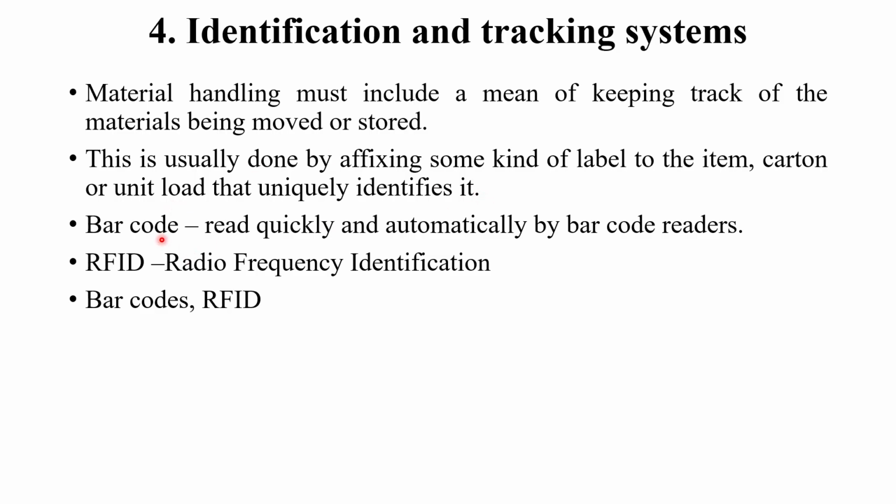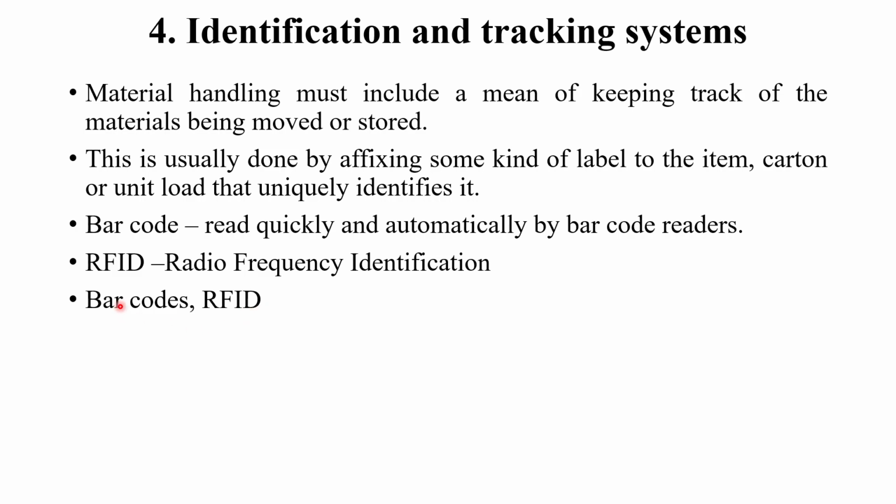There are different ways of identifying and tracking. One form is a barcode, which is read quickly and automatically by a barcode reader. Another one is RFID, which uses radio frequency identification. Sometimes it may be a combination of barcode and RFID.